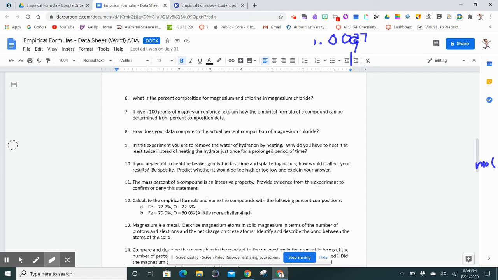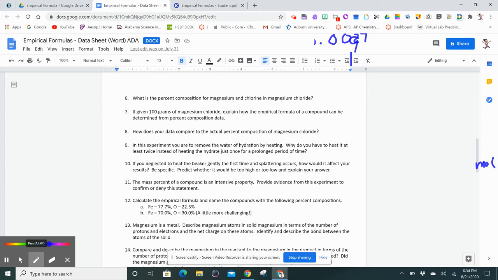So number 6 is, what is the percent composition of the magnesium and the chlorine in magnesium chloride? Okay, so for doing that, I'm going to take the mass of each of those elements, and I'm going to divide by the total mass of the compound. So the mass of each element and then the total mass of the compound.